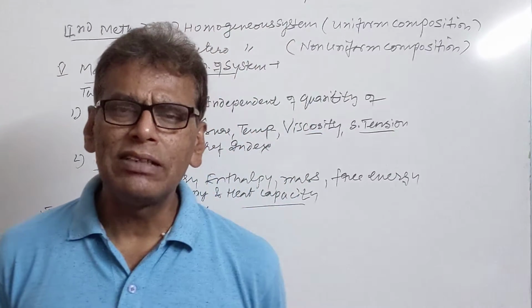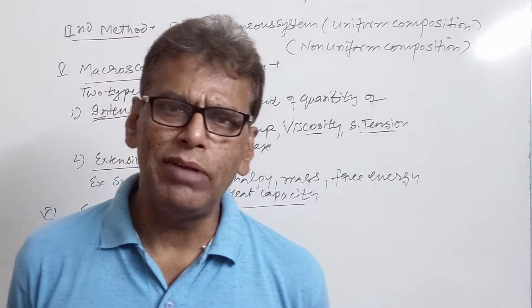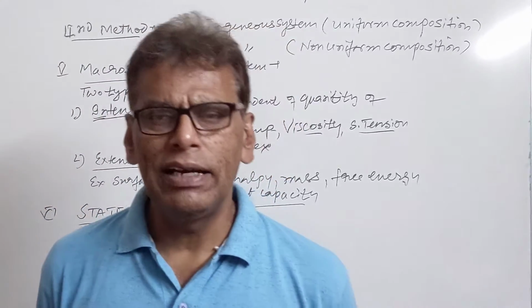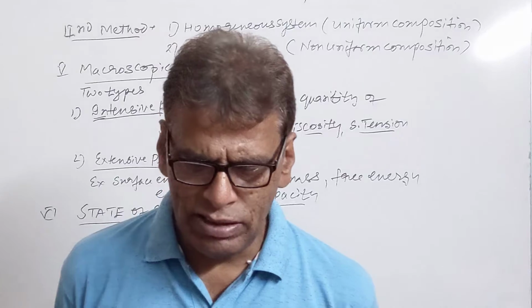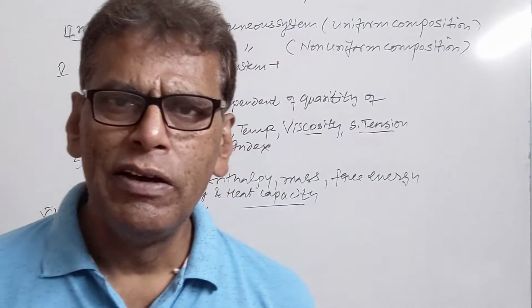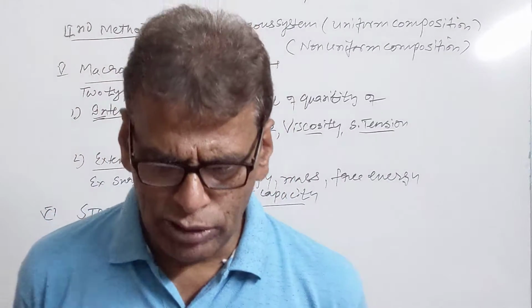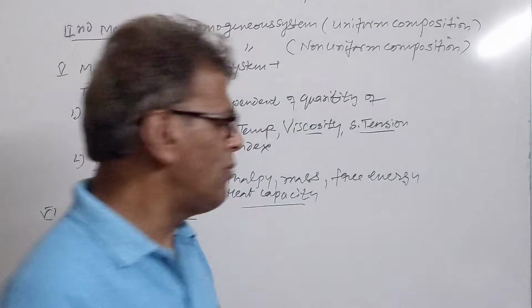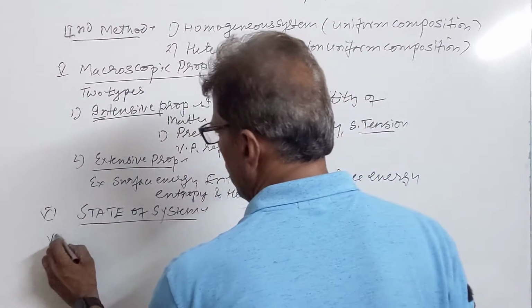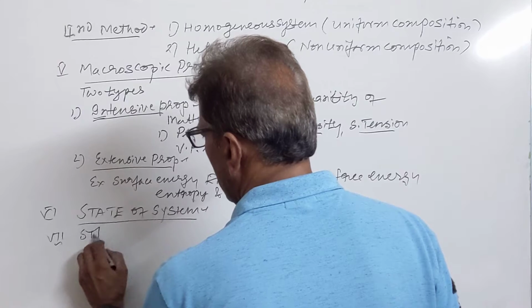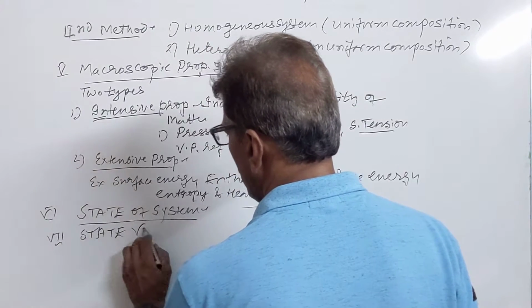So all of these three states can be obtained by varying one factor, that is temperature. When it is changed, the state of the water changes from solid to liquid, liquid to gas. Then what are state variables? We have the next definition.